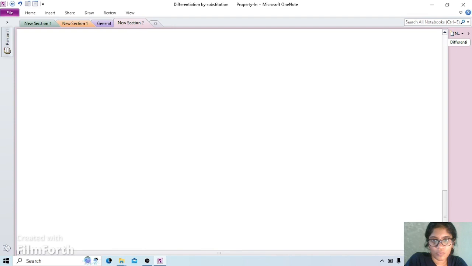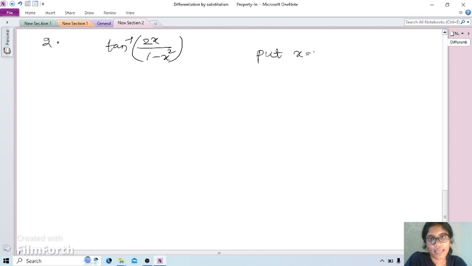So that is your answer. Next, question number 2: tan inverse of 2x by 1 minus x square. We know the formula tan 2 theta is equal to 2 tan theta by 1 minus tan square theta.